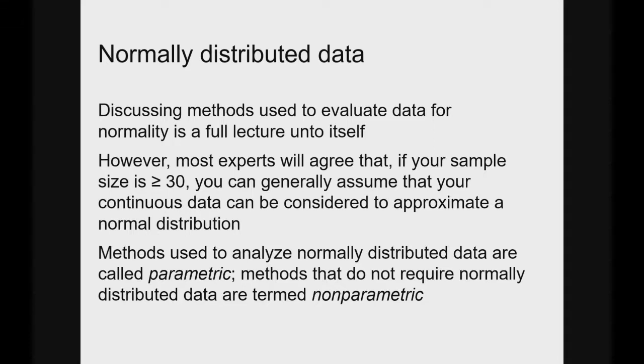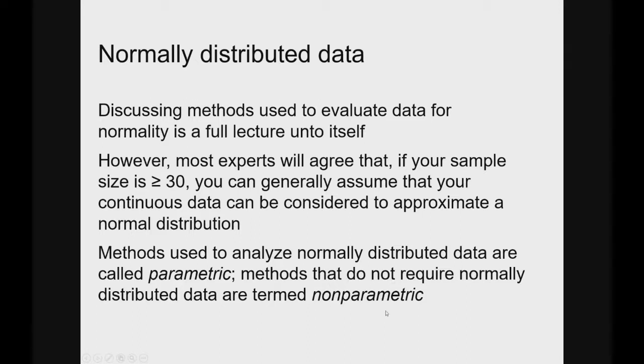But the one nice rule of thumb that we have here, and most sources that you would want to look at are going to agree on this, is that if we are looking at a continuous variable, and our sample size is 30 or more, we can in most cases be safe assuming that these continuous data are okay to approximate a normal distribution.